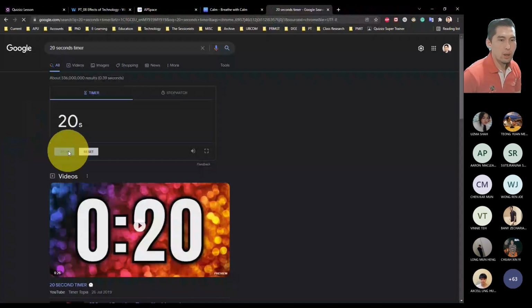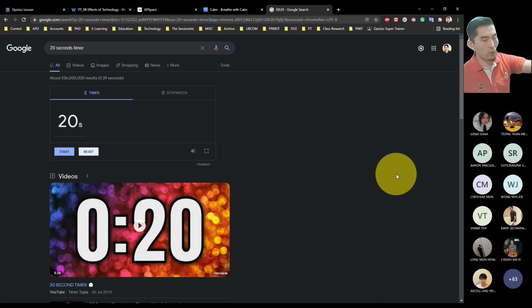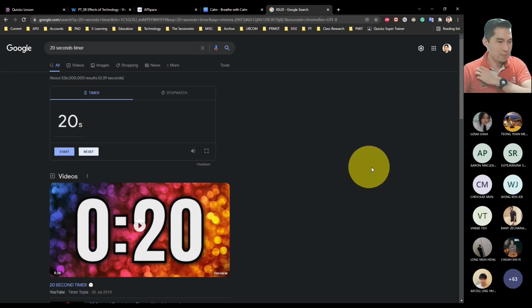All right, so I'm not starting it yet. Don't look at your screen now. Everyone look away, right? So I hope you do this. This is a very simple activity. Look at something about 20 feet away from you. Just in case you do not know what 20 feet is like, 20 feet is about 5 to 6 meters away from you. Okay.